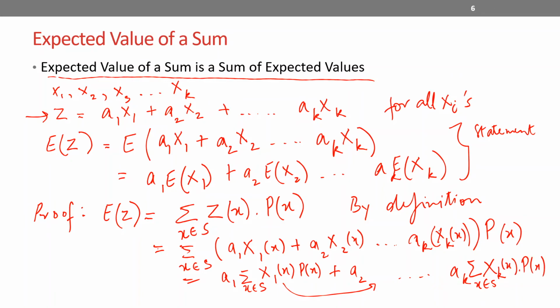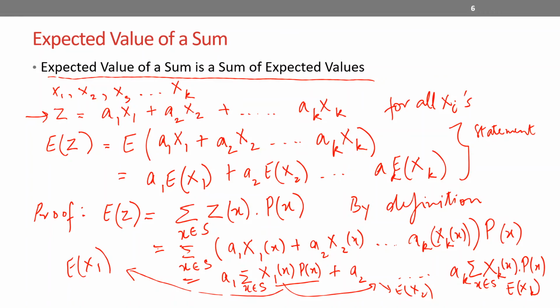And by the definition of expectation, this here is the expectation of x1, right? And this is going to be the expectation of x2, and this is going to be the expectation of xk, right? So we know that by definition.